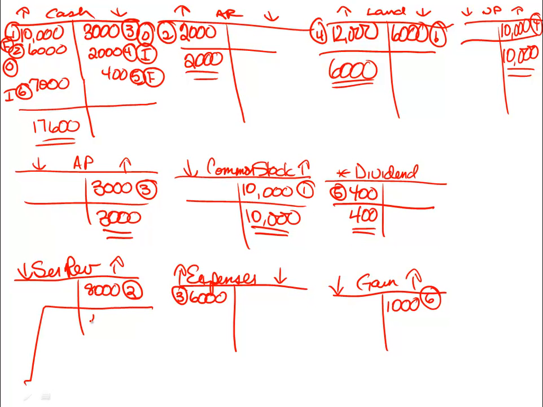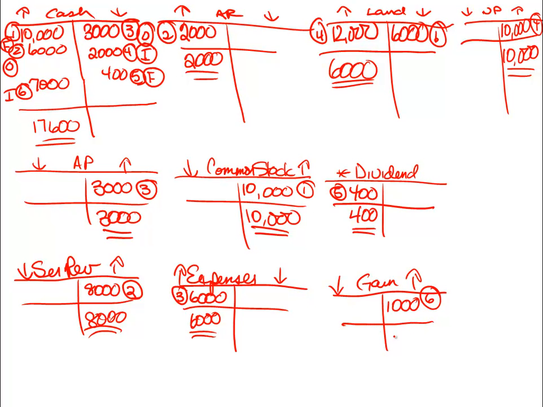Service revenue, $8,000 credit balance. Expenses always increase by debits, so it has a $6,000 debit balance, and the gain, which is a revenue account, has a credit balance of $1,000.